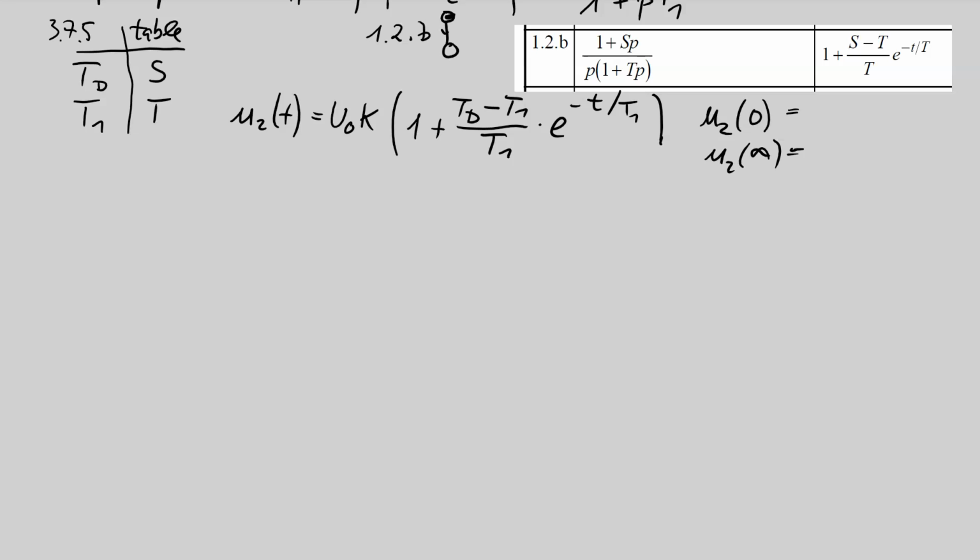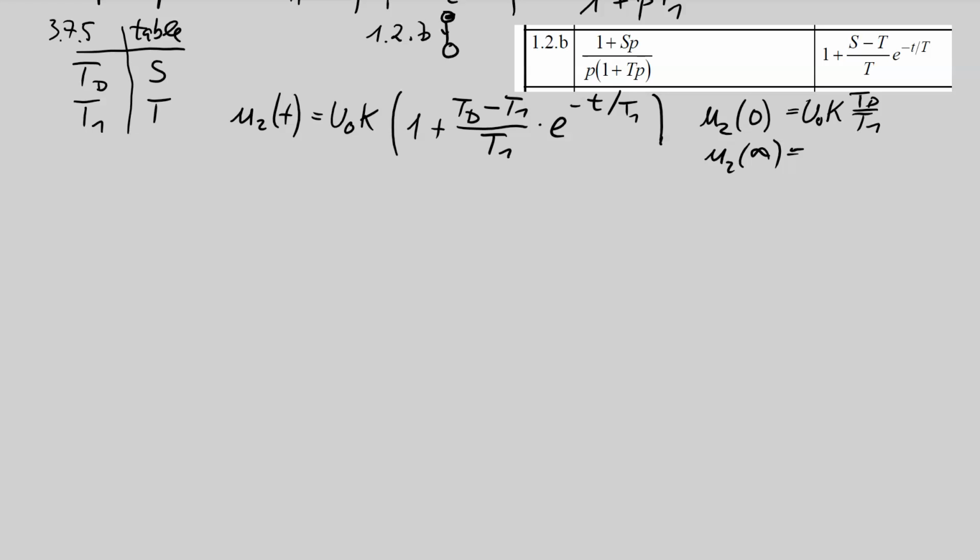So the result is U0 multiplied with the result of this calculation, if this is 1. This 1 has to be expanded to a denominator of T1. So we have a positive T1 here plus Td minus T1 here. So the final result is Td divided by T1.